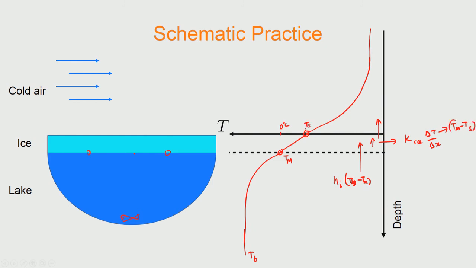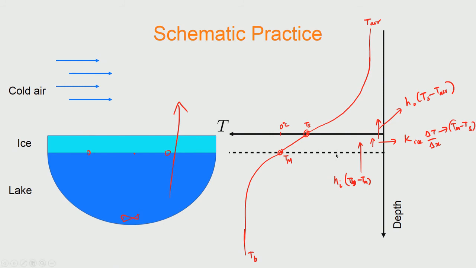This is T s, and this is T of the air. The heat that is lost would then be h outer into T s minus T air. You can already see from the values that T air must be much less than T s, so that the heat can go in this direction, and then you can get a balance.